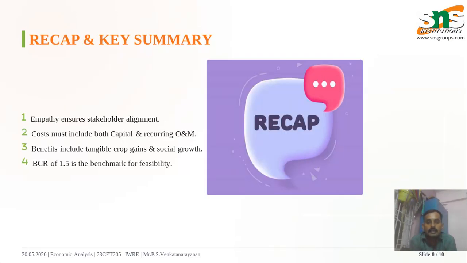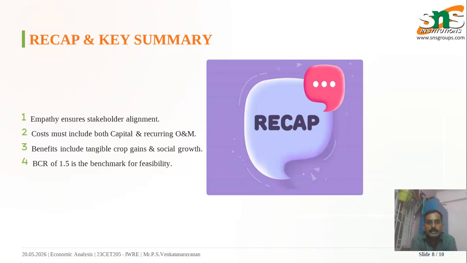Let us summarize the important points discussed today. Economic analysis is essential for evaluating irrigation projects before implementation. The process begins with understanding stakeholder needs and the farmers' perspective. Costs are classified into capital costs and recurring operation and maintenance expenses. Benefits include both direct and indirect social and environmental improvements.